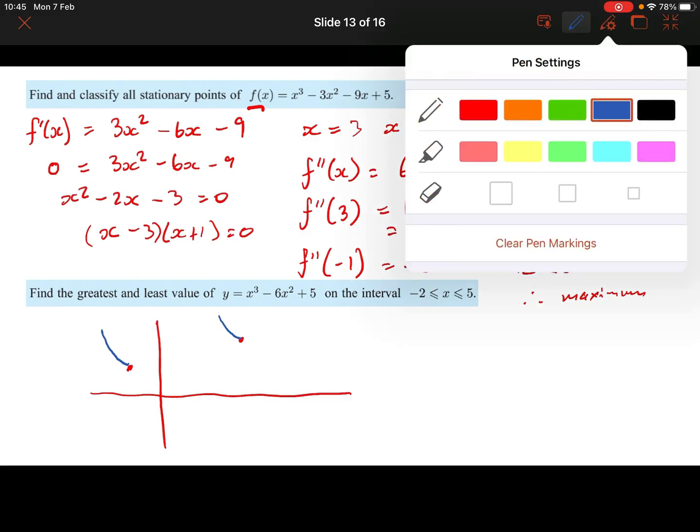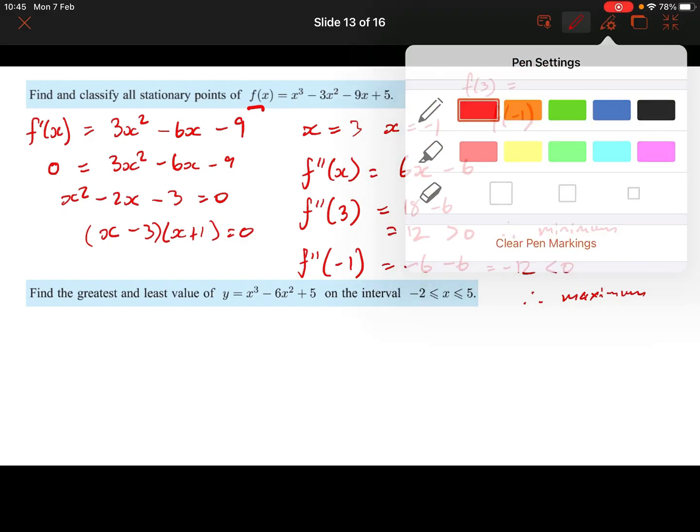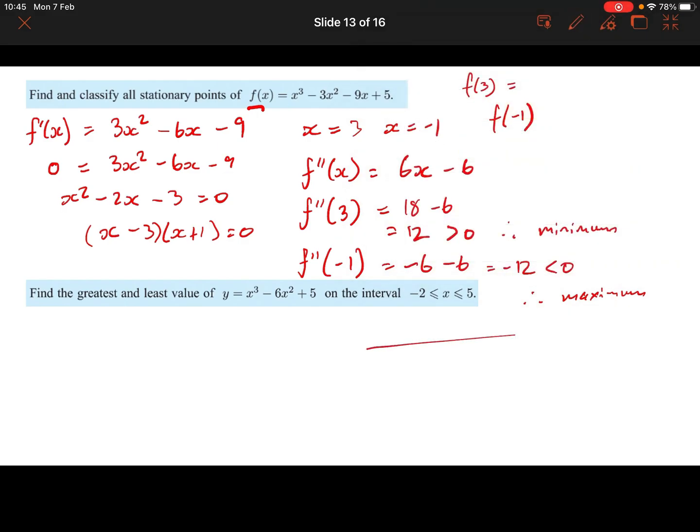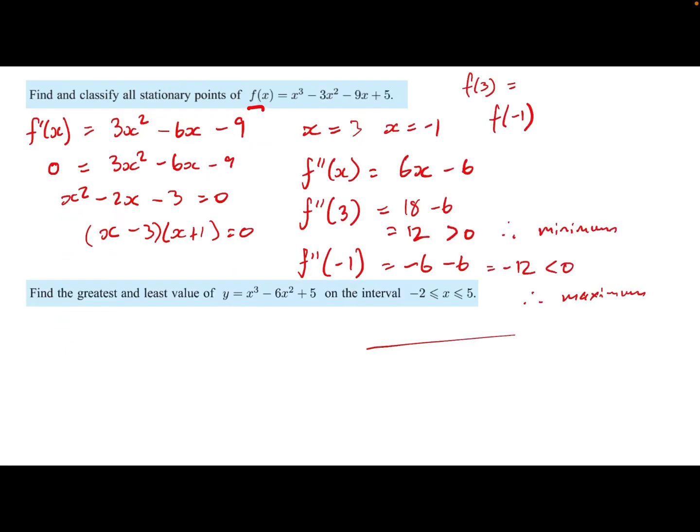I've totally confused myself here. It doesn't make any sense. Have I done that right? Sorry guys, just bear with me a second. If it's greater than 0, I get a minimum. If it's less than 0, I get a maximum.